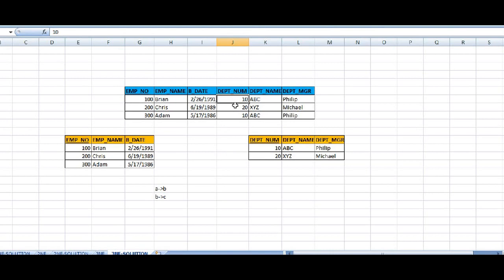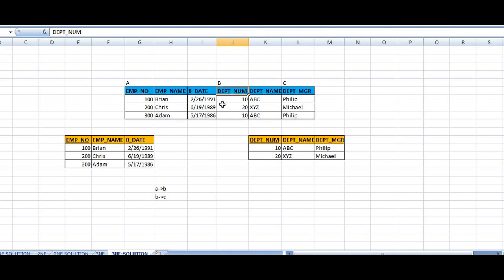So in the same way, if I mark employee number as A, if I mark this department as B, and if I mark department manager as C, this relation holds. B is functionally determined by employee number, and C is functionally determined by department number, right? And this department number is not part of a primary key, so break it.